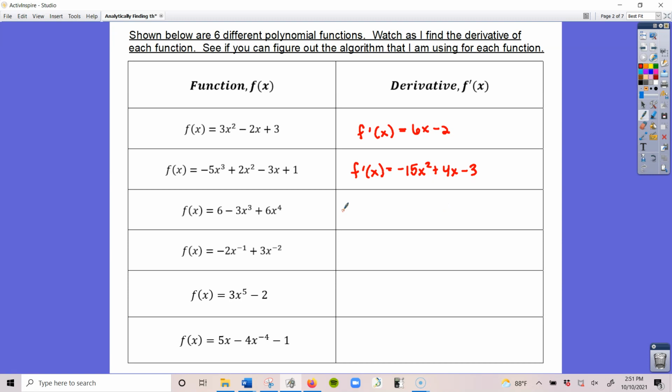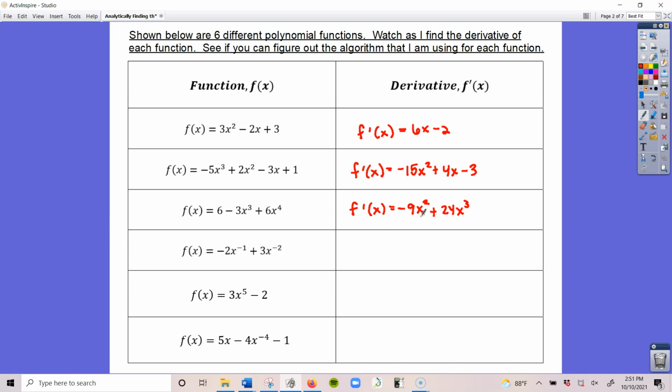For f of x is equal to 6 minus 3x to the third plus 6x to the fourth, the derivative is going to be negative 9x squared plus 24x to the third.